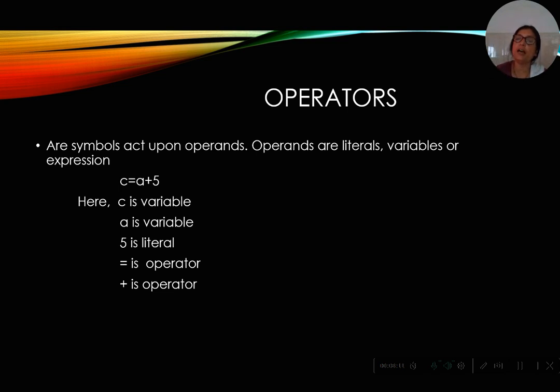Every operator has a specific function. Just see A plus 5. This plus operator is adding two values. A is a variable and must have some value. For example, A is 4. So 4 plus 5 will add up and give 9, and the purpose of the equal to sign is to assign the value. Whatever the result of A plus 5 is will be assigned to C. That's about the operator.